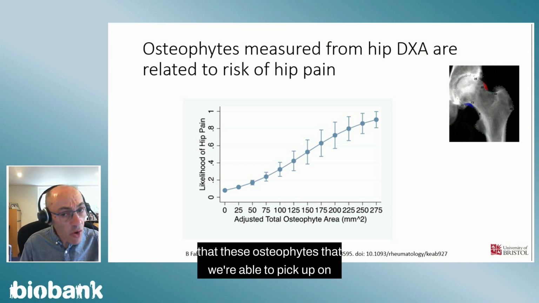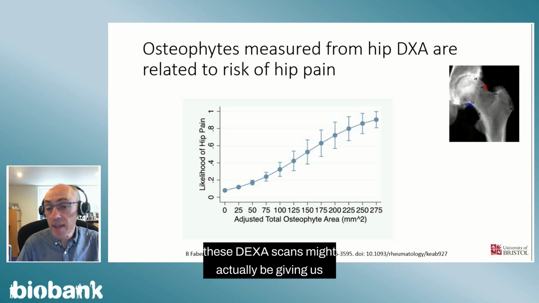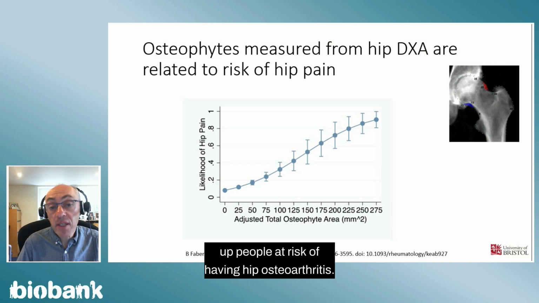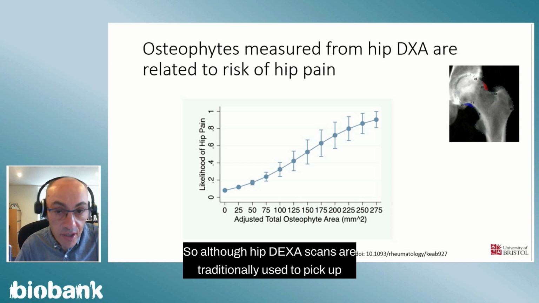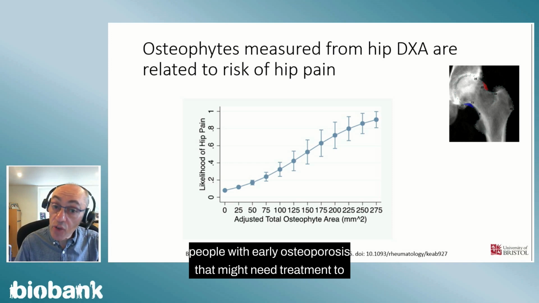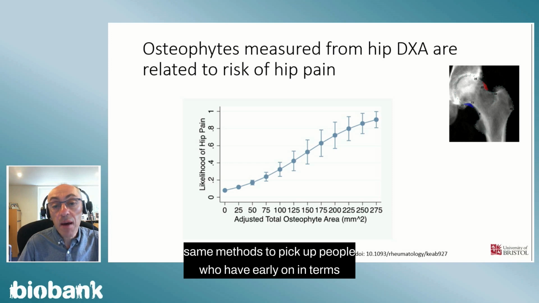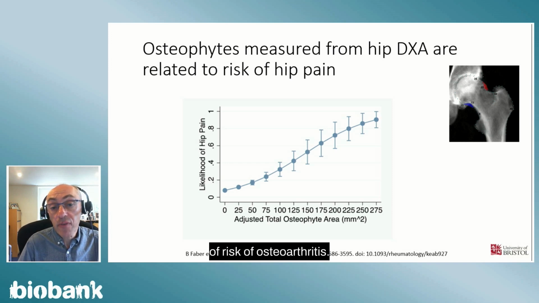This suggests that the osteophytes we're able to pick up on these DEXA scans might be giving us a strong signal in terms of picking up people at risk of hip osteoarthritis. So although hip DEXA scans are traditionally used to pick up people with early osteoporosis that might need treatment to make their bones stronger, maybe we can use these same methods to pick up people who are early on in terms of risk of osteoarthritis.